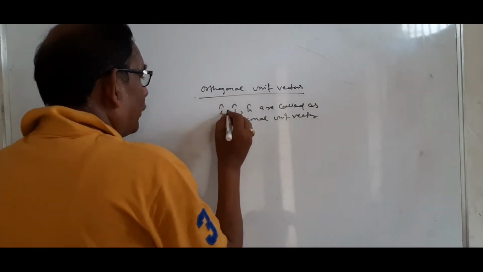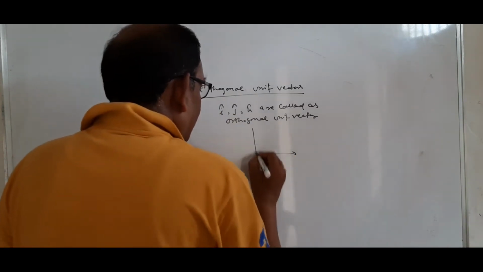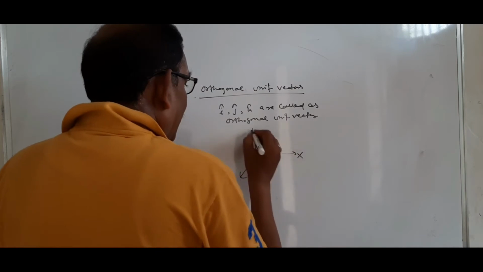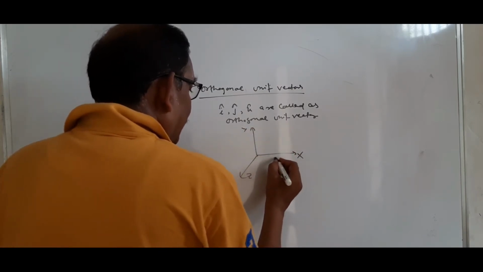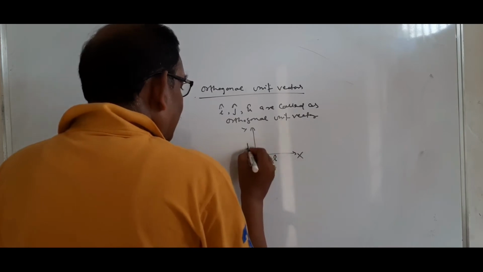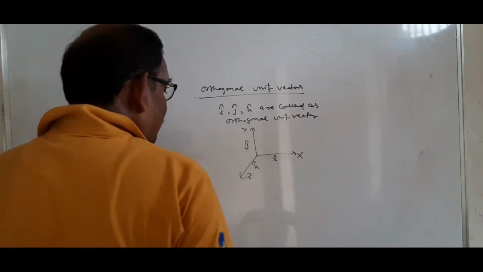The three vectors are perpendicular to each other. X-axis, y-axis and z-axis. So it is acting along the x-axis, along the y-axis, and along the z-axis.